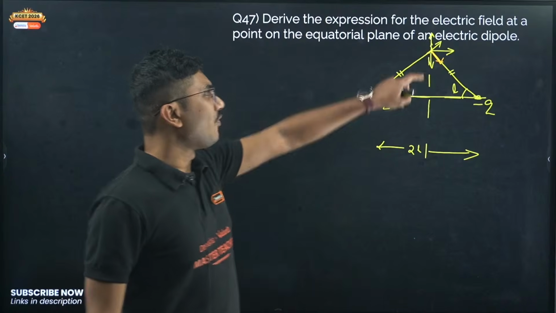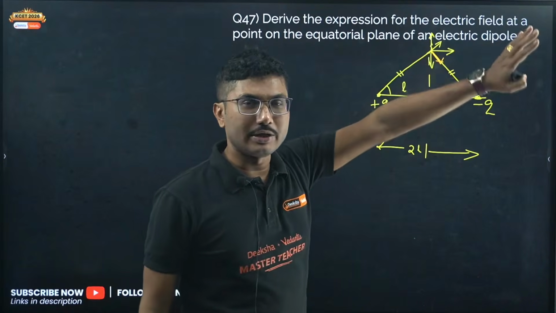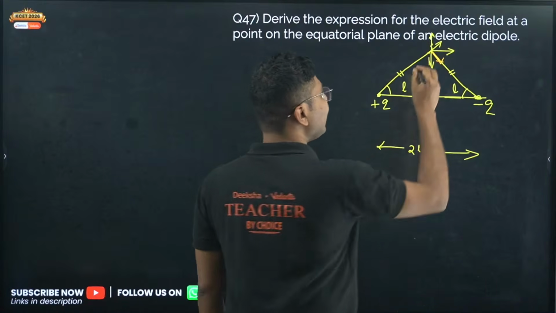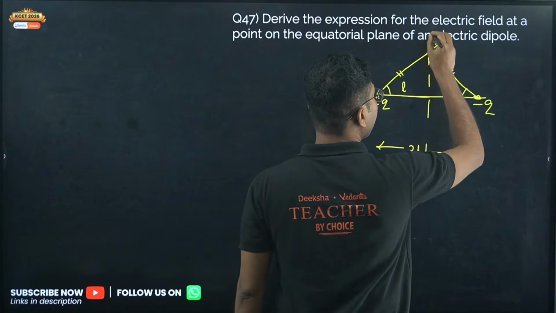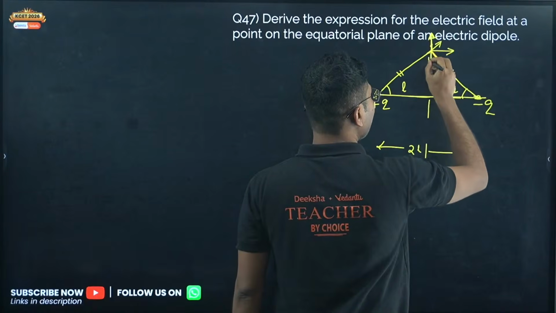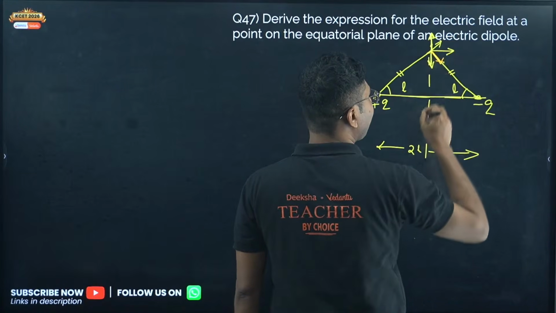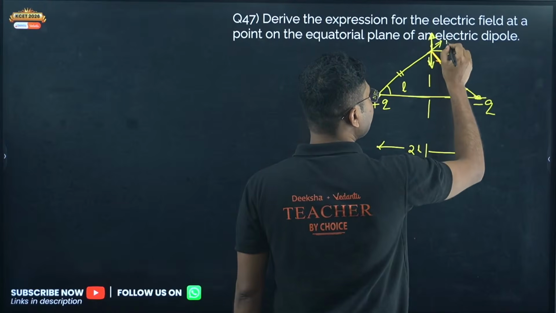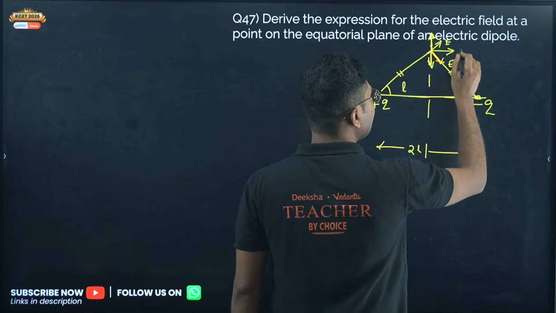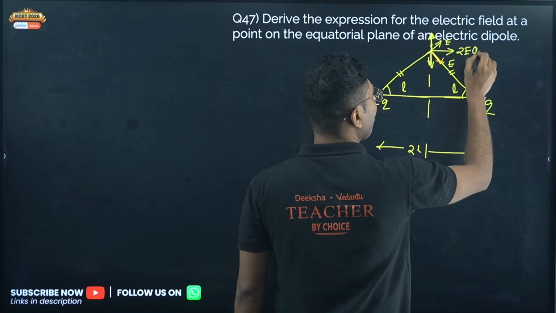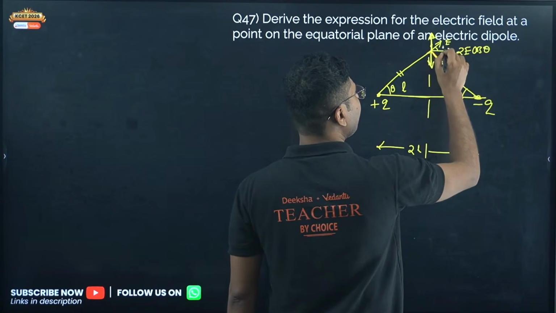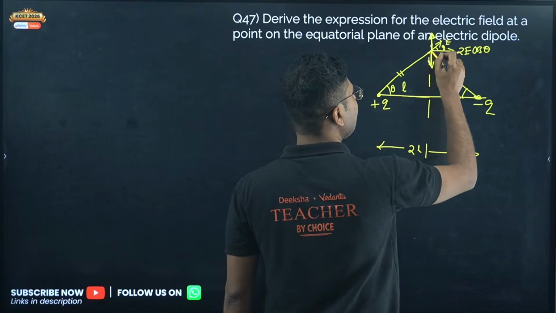Another is to find the angle between them and use the vector addition principle, which will be very long. This will be easier. The y components cancel because both have the same magnitude, but the x components add up. So if this is E, then the net will be 2E cos theta. What is theta? This angle is theta, then this angle will be theta, and this angle will also be theta.